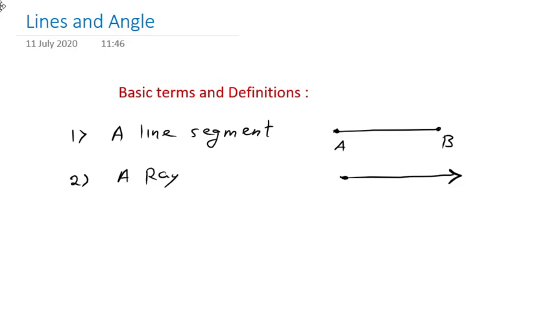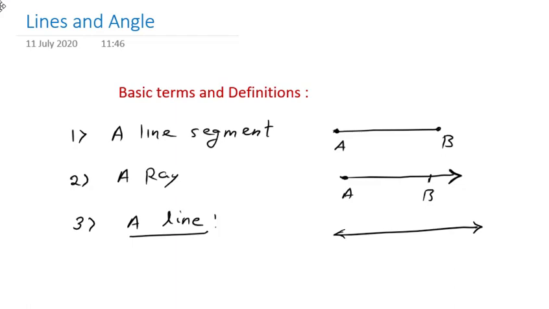So in this case AB is a ray. Third term is a line. It extends in both directions, so we find an arrowhead at both the ends.